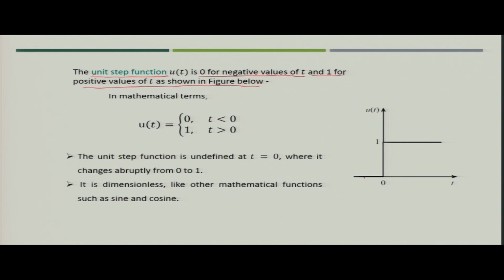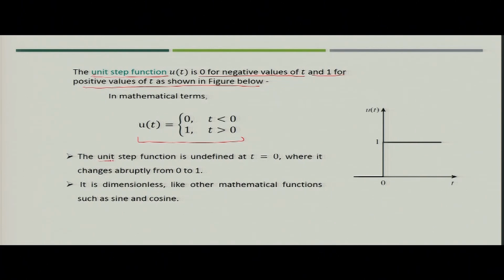The function value is 0 up to time just less than 0, and suddenly it becomes 1 at time 0 plus. This kind of function is called the unit step function. Mathematically, we represent u(t), the unit step function, equal to 0 for t less than 0 and 1 for t greater than 0.